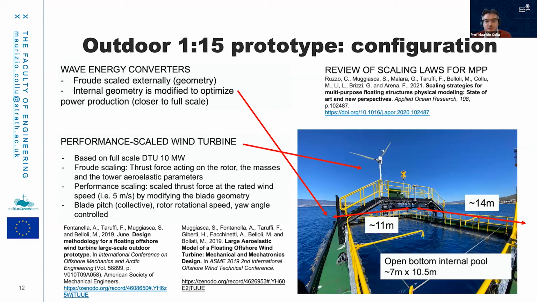And therefore, what your aim is to make sure that the force acting on the rotor and transmitted to the rest of the platform are scaled correctly. So you're not that much interested in the shape of the blades, but more on the forces, that the mass is scaled down accordingly, and also that the tower is excited, the vibrations of the tower are excited in the right way.